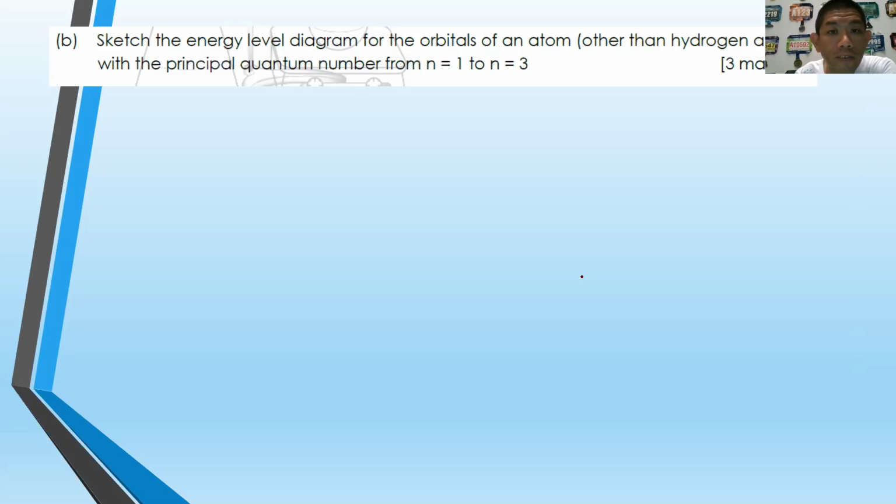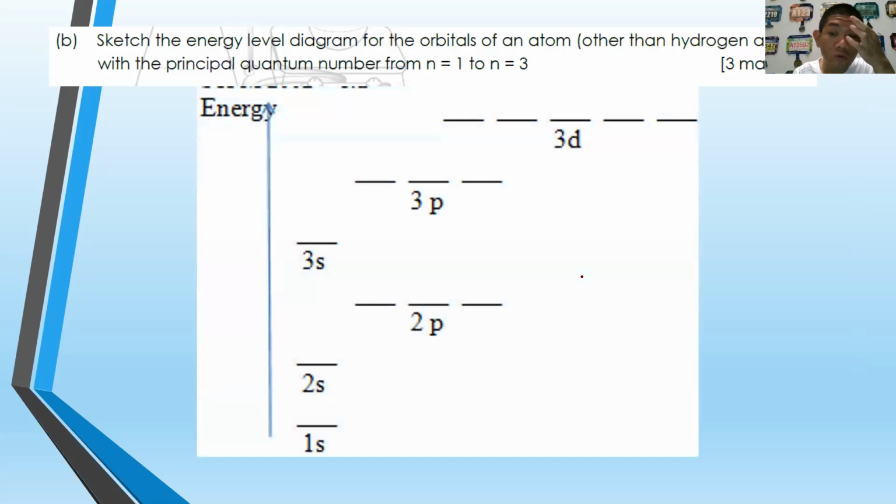The Aufbau principle states that electrons fill in from the lowest energy level, which is 1s, 2s, 2p, 3s, 3p, and not to forget 3d is also part of the energy levels inside n equals 3. Most students tend to neglect the 3d here, but if you miss it, you lose 1 mark. So you must include the 3d orbitals.